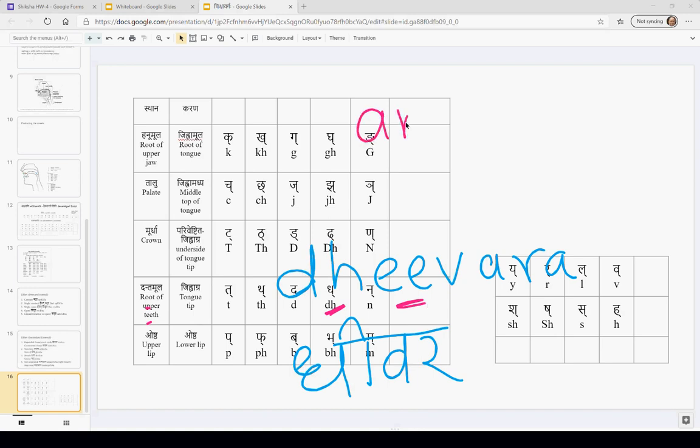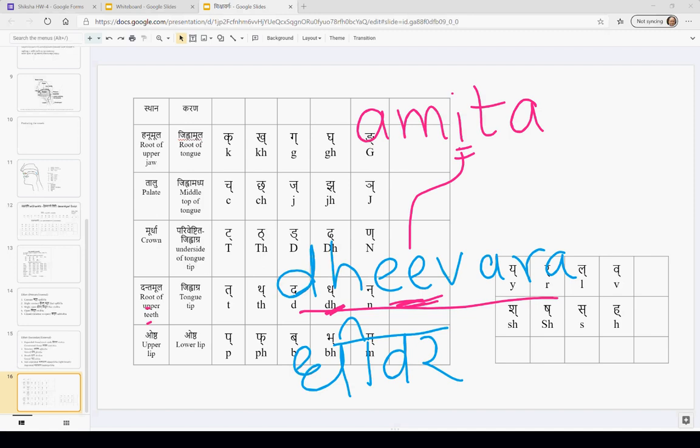So if you compare this Amita, Amita, Dhivara. So you are elongating this compared to Amita, Dhivara. So try to say Dhivara here. Dhivara. Yeah. Amita. Dhivara.